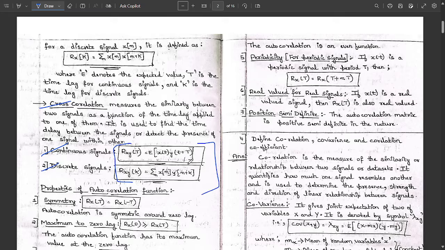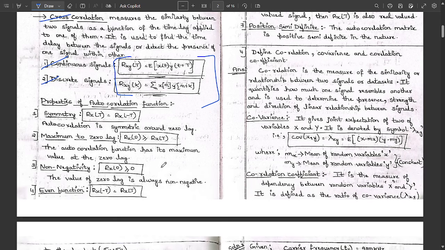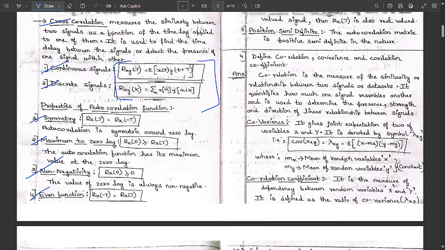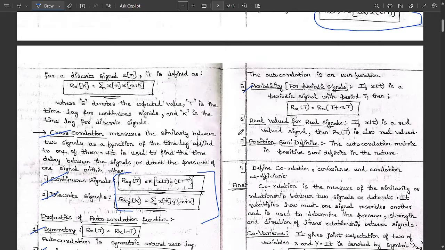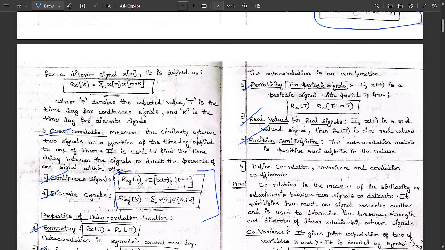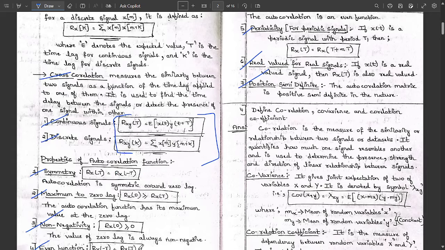You can note it down, and here are some of the properties of autocorrelation functions: symmetry, maximum at zero lag, non-negativity, even function, periodicity, real values for real signals, and positive semi-definite. Mention all of these points and write a few lines related to each.